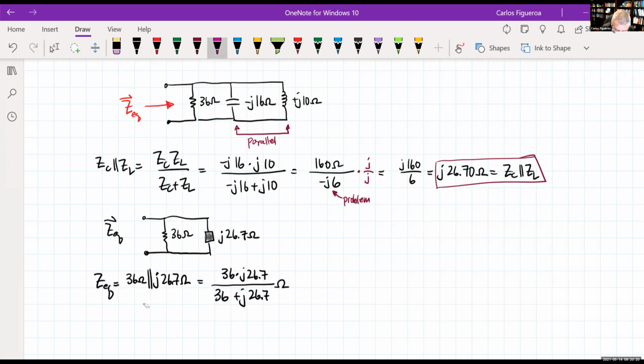I think the best thing to do here is to take this guy and this guy and convert them into polar form.